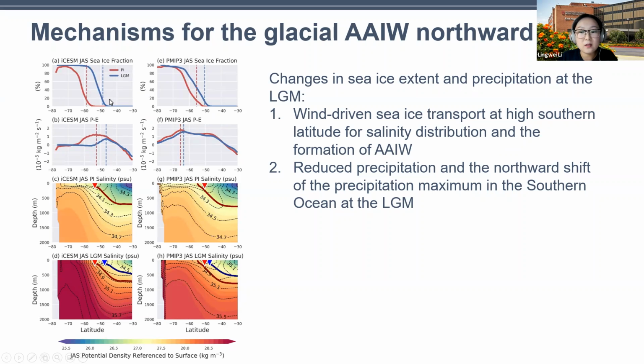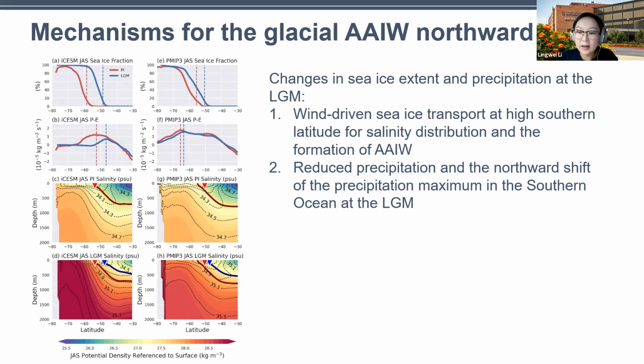Wind-driven sea ice transport at high southern latitudes has been found important for salinity distribution and the formation of AIW. The westerly wind could promote northward transport of ice, and the melting sea ice then reduces sea surface salinity in the north.